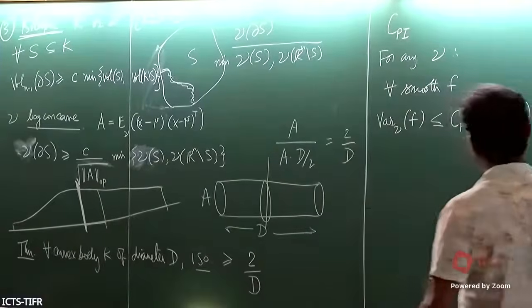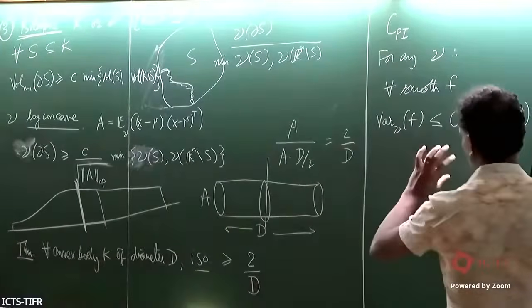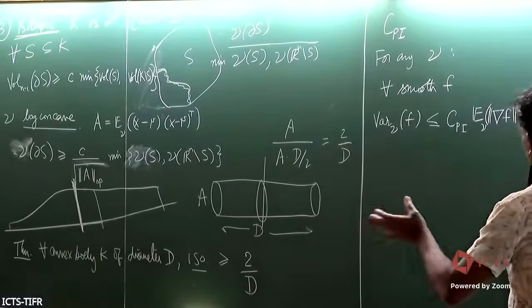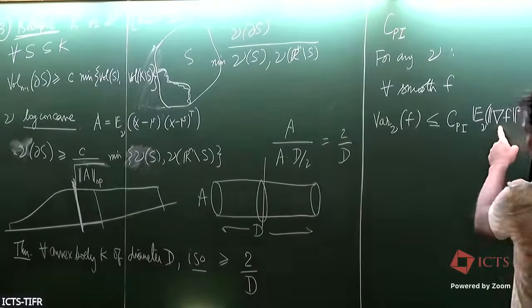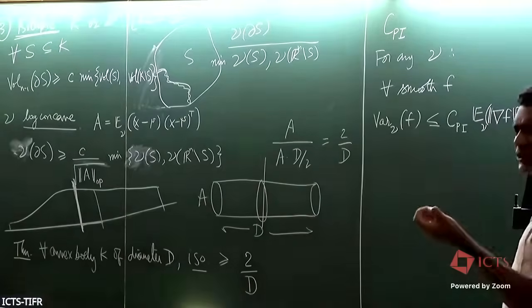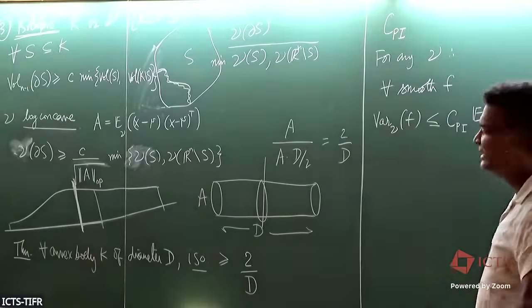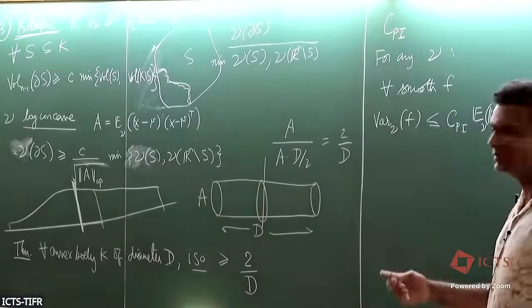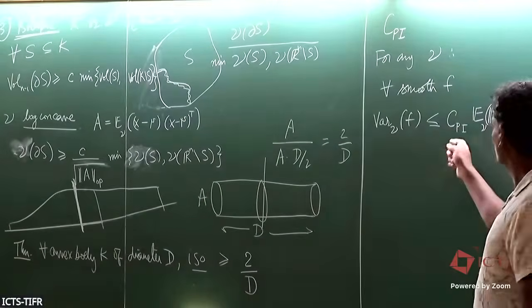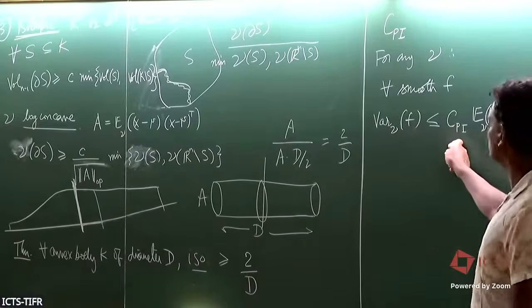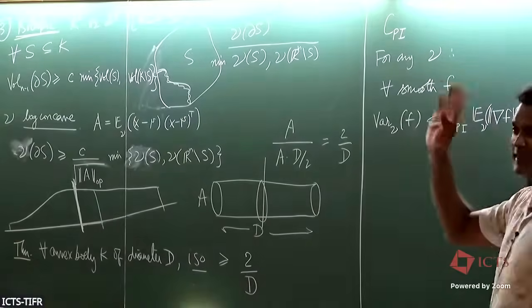So it's saying that the variance in f, how much f varies from its mean, is controlled by how large the gradient is on average, which kind of makes sense, right? Locally, you change as much as the gradient, but of course, in general, gradients can vary a lot. But if you can put a constant here that makes it true, that's the Poincare constant.